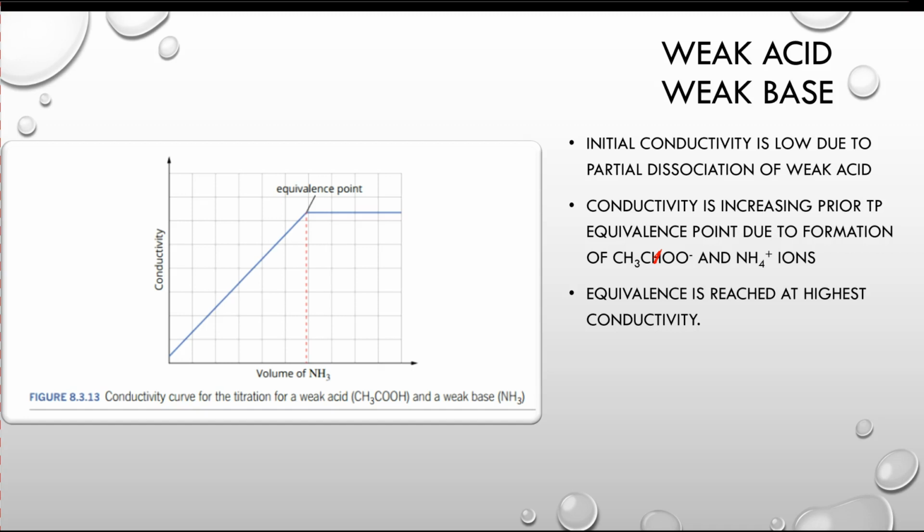So it's going to increase there in terms of conductivity, and then after that equivalence point, it's going to plateau off there a little, also because of the conductivity not being particularly great once that weak base is in excess.